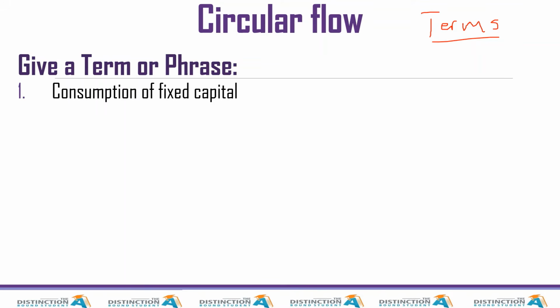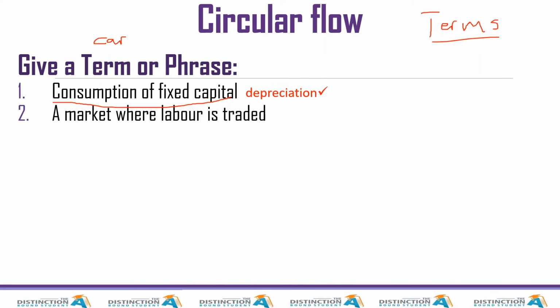So terminology is the key. Let's see. Consumption of fixed capital. When you consume a car, what happens? I've said it 1,000 times. When you consume machinery, what happens to machinery? It depreciates.